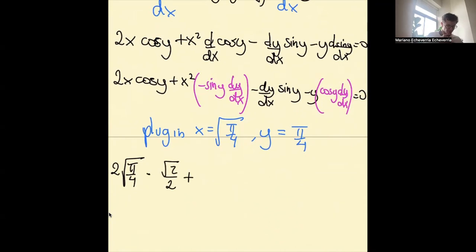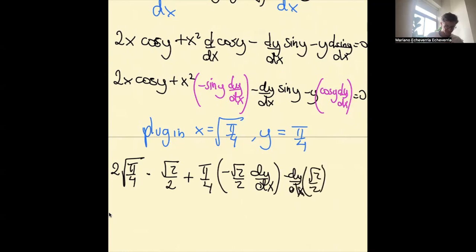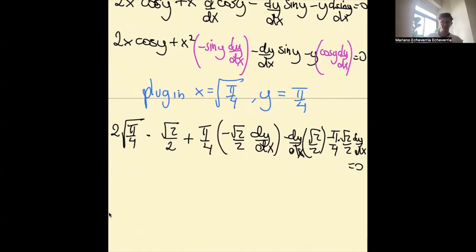Then you get x squared, which is pi over 4. Then minus sine of pi over 4, which is root of 2 over 2, times dy dx. Minus y, but y is pi over 4, and cosine of y is root of 2 over 2 because it's cosine of pi over 4, times dy dx equals 0. Is that making sense, how I made the plug-in?